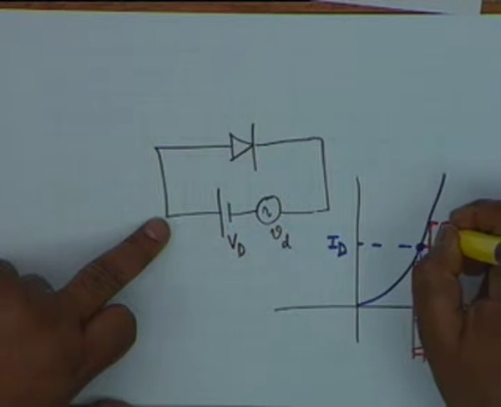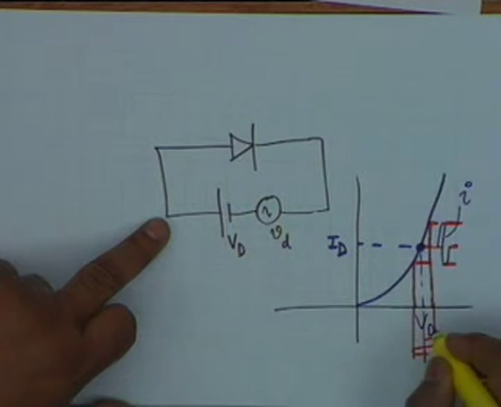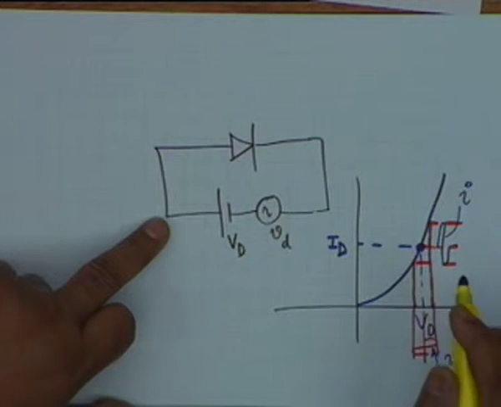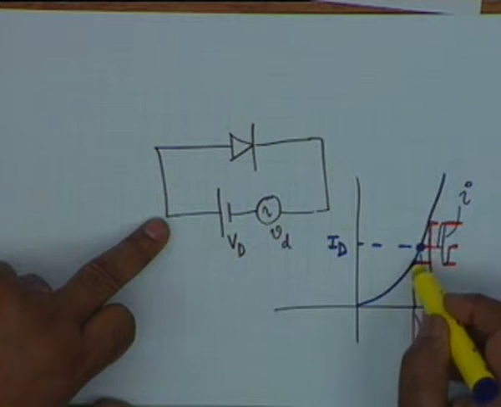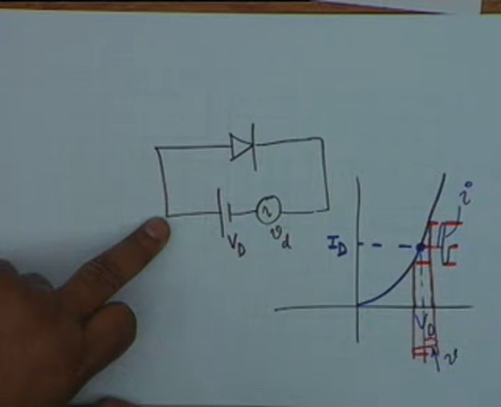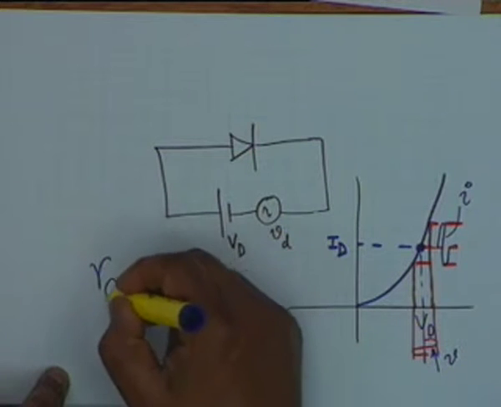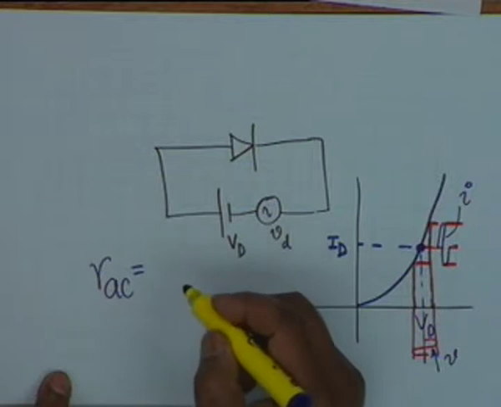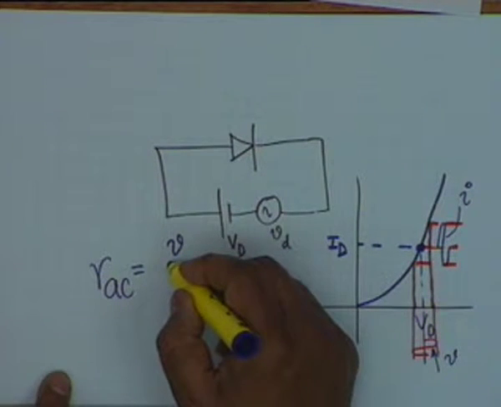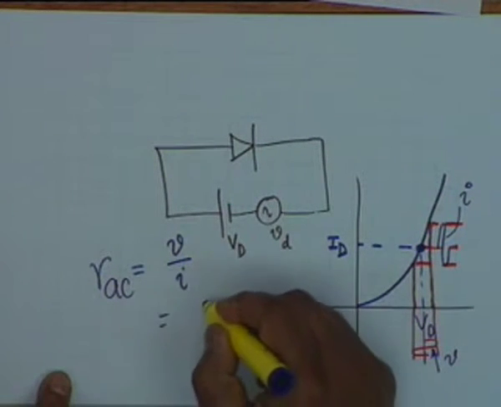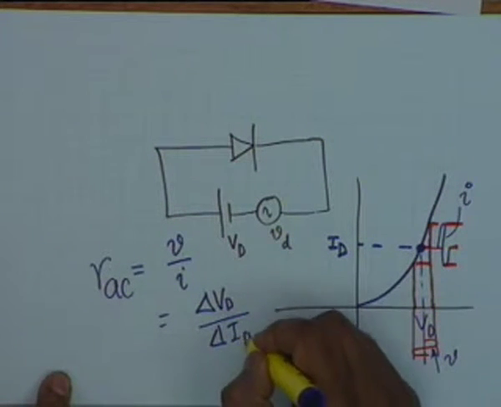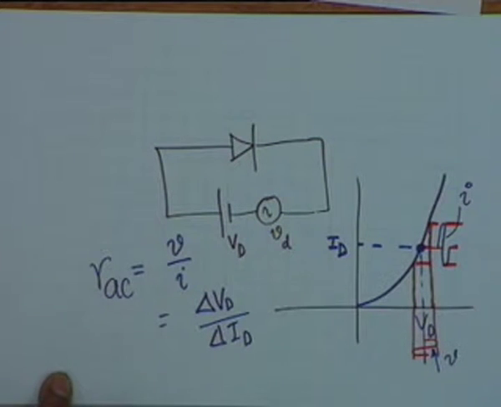If you wish to find out this current i in relation to this voltage v, then you know that you can work in terms of the slope of this line at the Q point. In other words, you can define an AC resistance small r_AC as equal to small v divided by small i, which obviously is delta V_D over delta I_D, the incremental resistance.